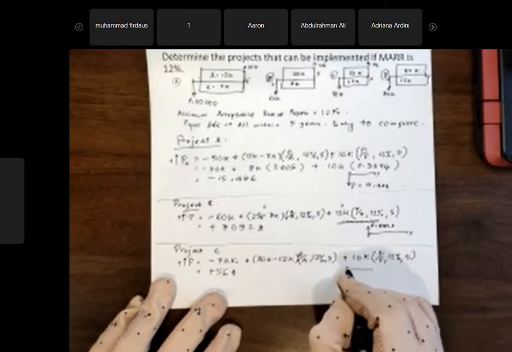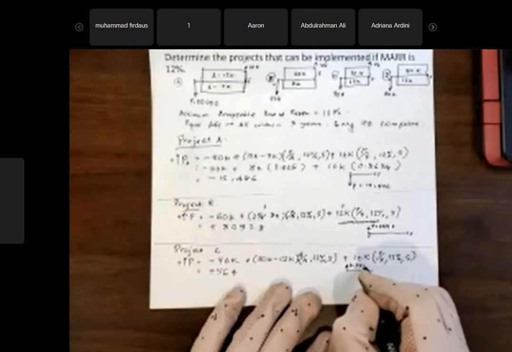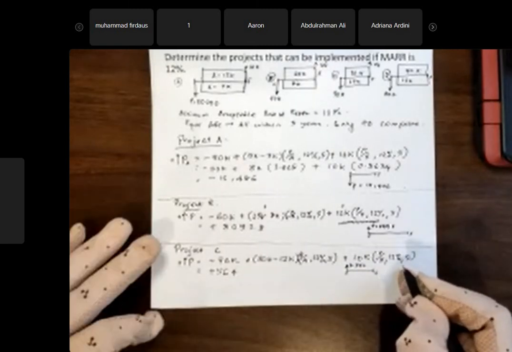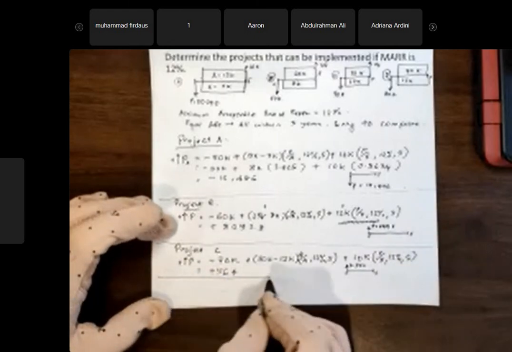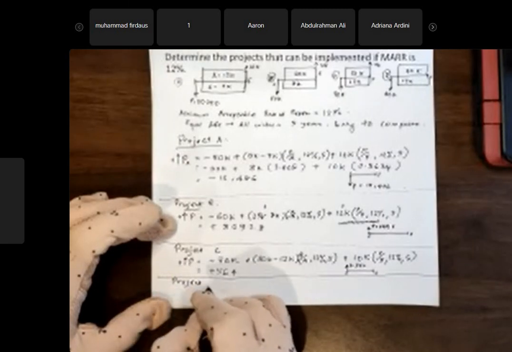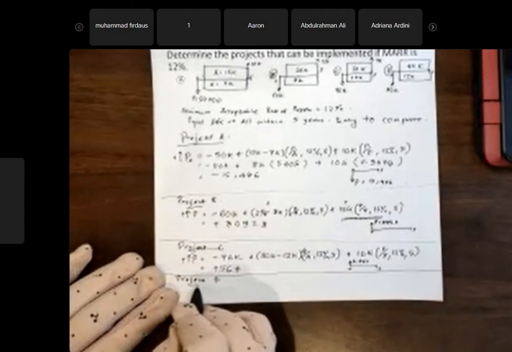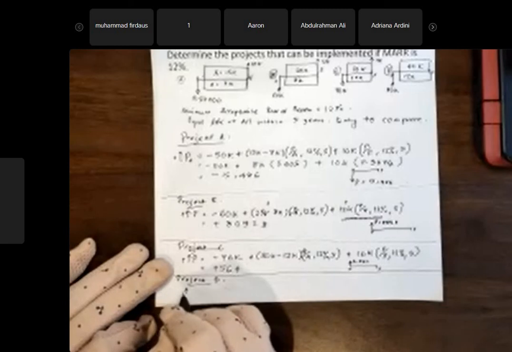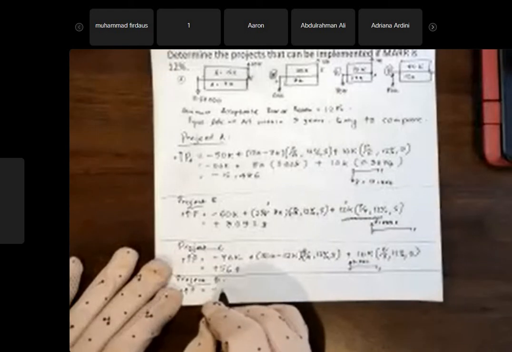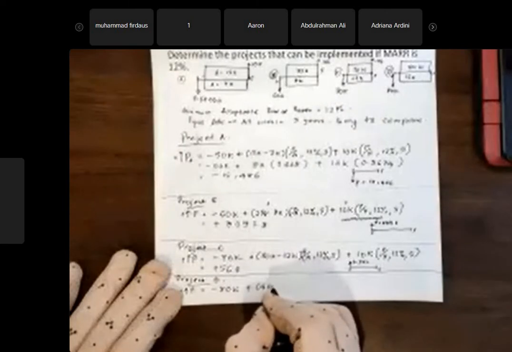So you get upward again, 564. Then the last one, project D. Looking upward, positive: negative 80K plus 40.